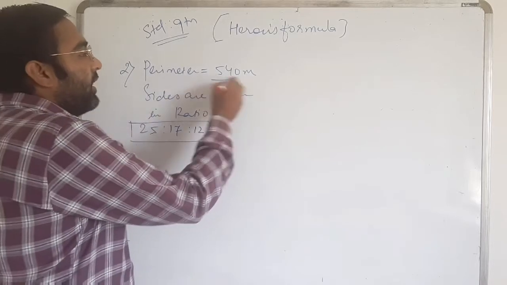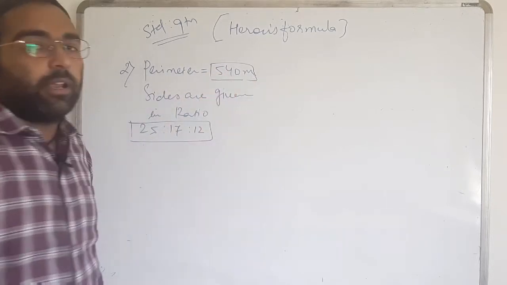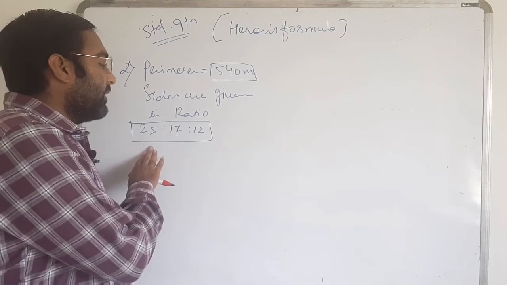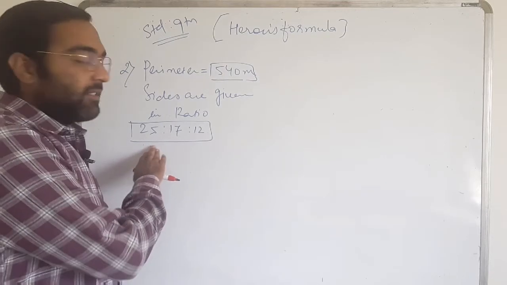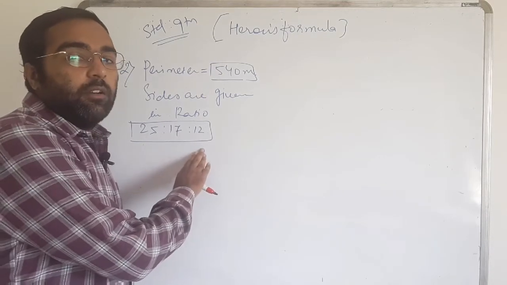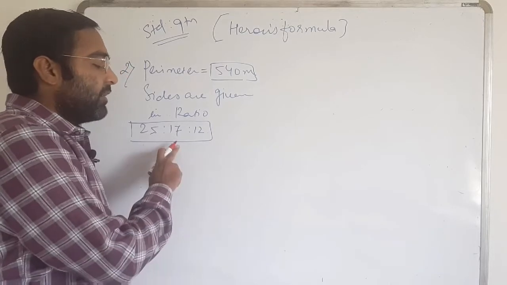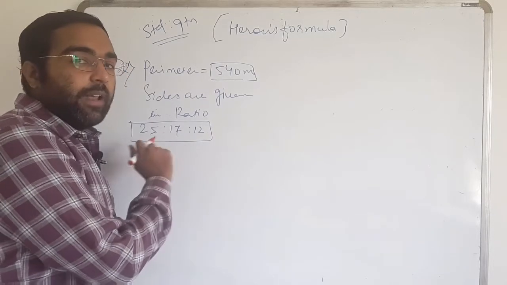For that we use the perimeter, and assume the measurements of the sides are 25x, 17x and 12x.